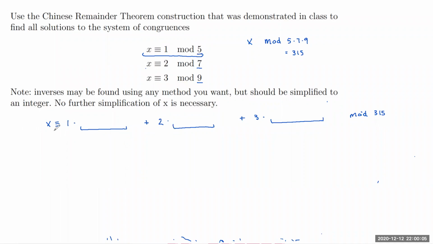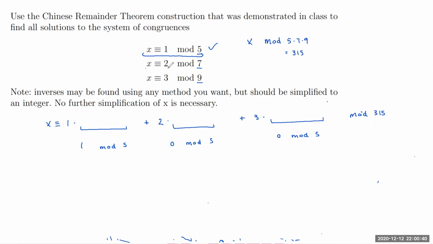So we're going to make sure that when we mod this x by 5, this first term is going to come out as 1 mod 5. All the other terms, we want to make sure come out as 0 mod 5. So the first term is going to be 1 mod 5, and these other two terms, since they're 0 mod 5, disappear. So when we take x mod 5, it will be congruent to 1, satisfying that first condition.